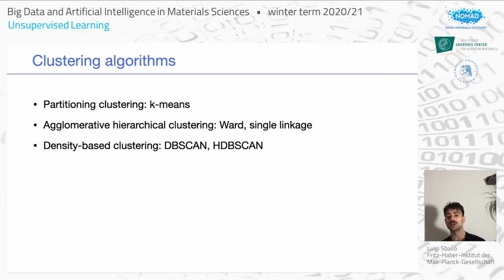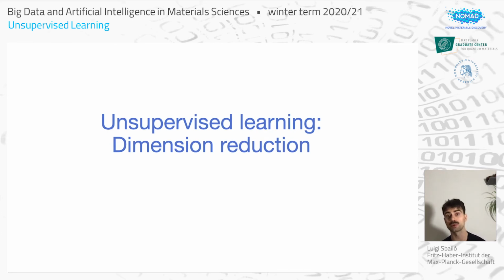But now, in these very last minutes, I would like to give a very brief overview about another topic that I won't have time to discuss in detail, but I just want to give a qualitative understanding of dimension reduction. This is a very important topic, but here we are just treating it as a means for visualizing data.